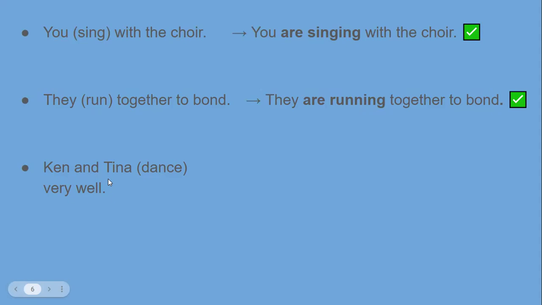I'm talking about other people. And therefore, for the subject they, we use the verb to be are. And of course, we need to put an ing at the end of the verb dance. We remove the e, we add an ing. The sentence becomes, Ken and Tina are dancing very well.